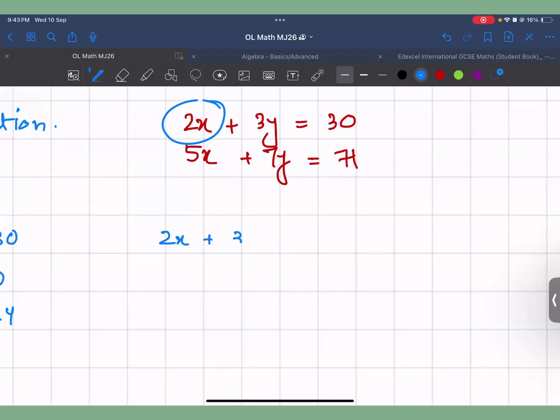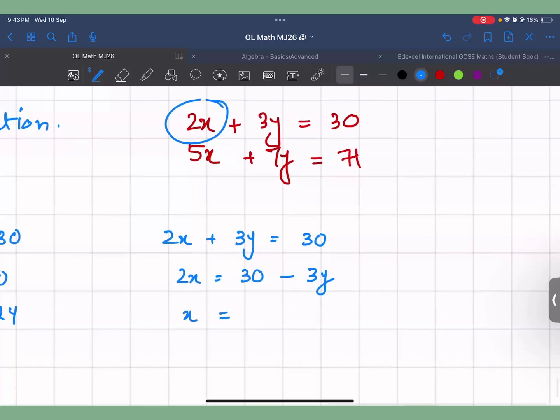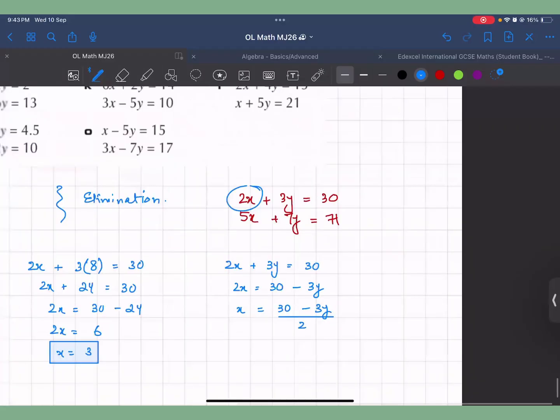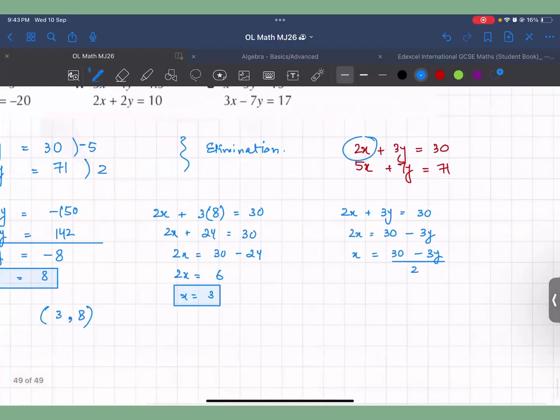So 2x plus 3y is equal to 30. And you want to make x the subject. So 2x is equal to 30 minus 3y, and then x would be 30 minus 3y divided by 2. Now this becomes your equation number 3.